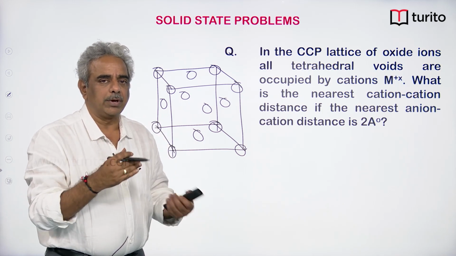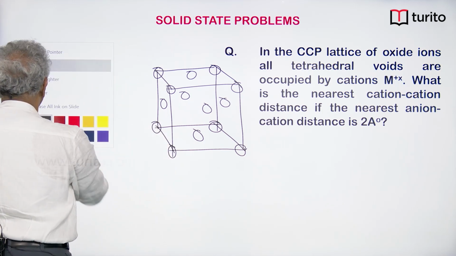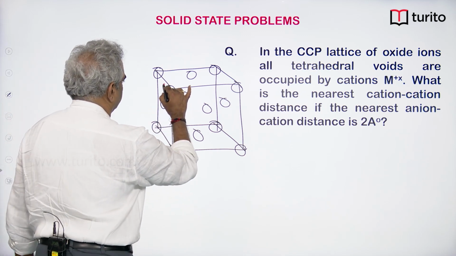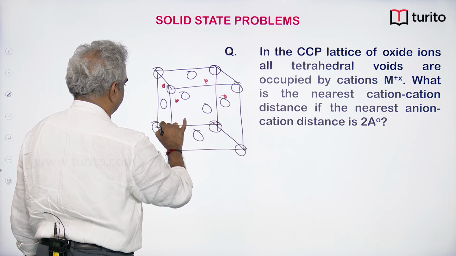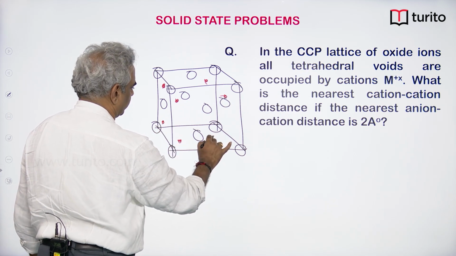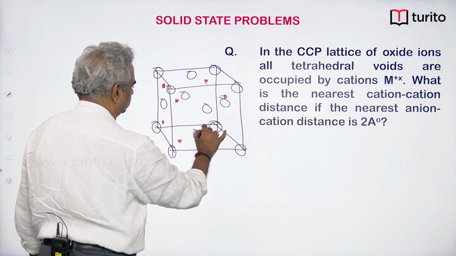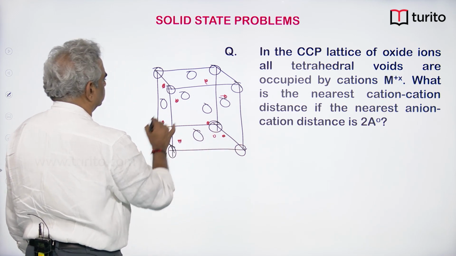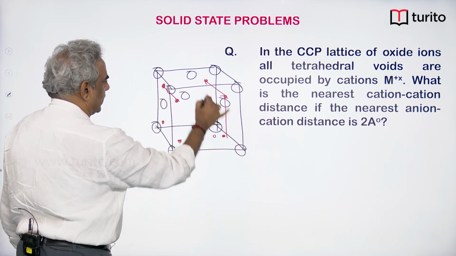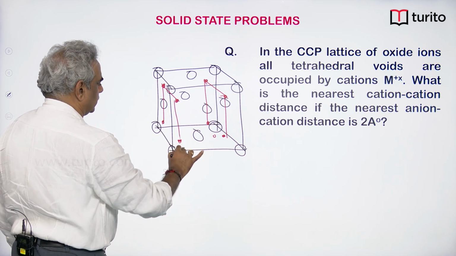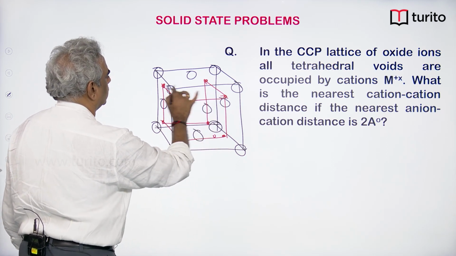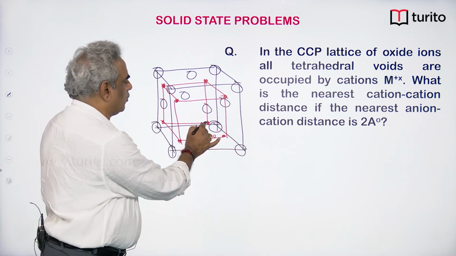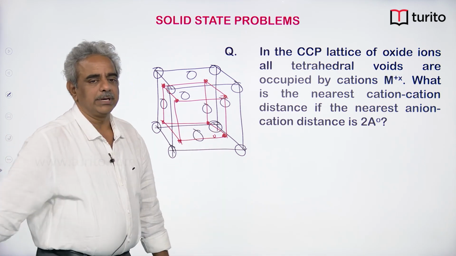All tetrahedral voids, where do tetrahedral voids lie? Inside, here, here. On the body diagonals, you will have tetrahedral voids. So, you can connect them like this and make a cube again inside. So, the tetrahedral voids lie on the corners of the inside cube.